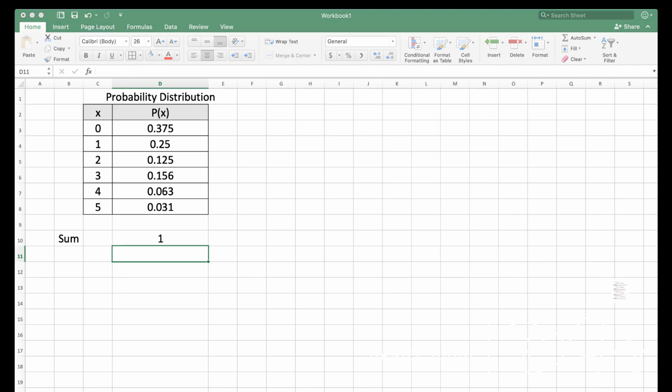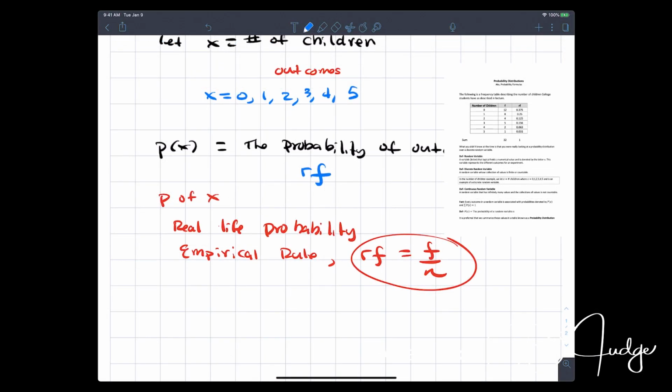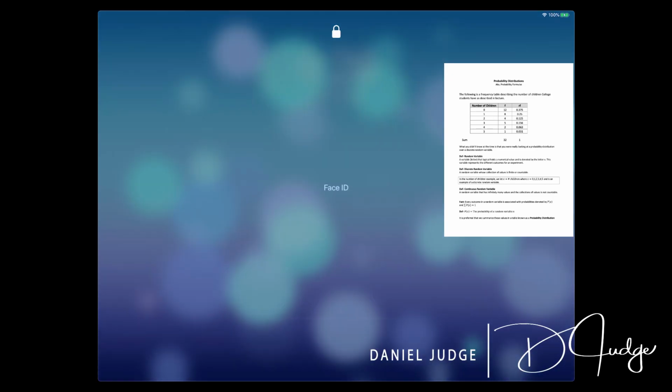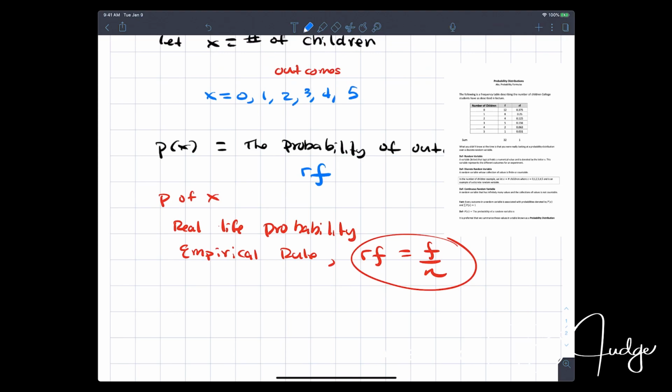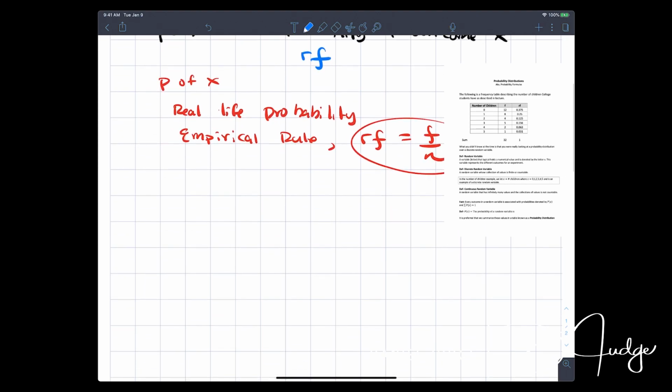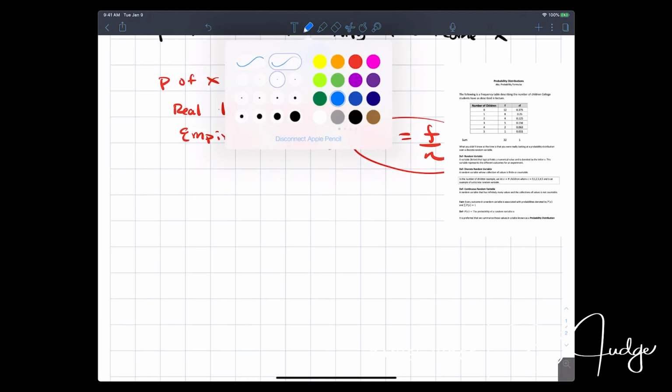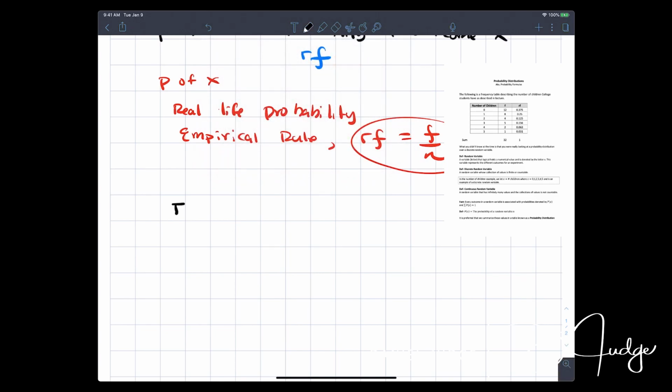So what I want to remark here on the iPad, like our notes, here's our first fact. I'm going to write this notation. This summation means to add. The sum over all the outcomes.